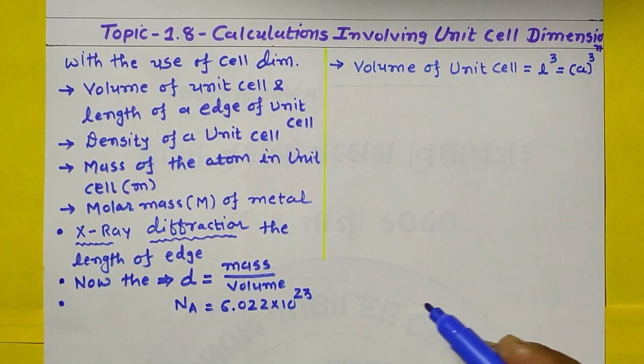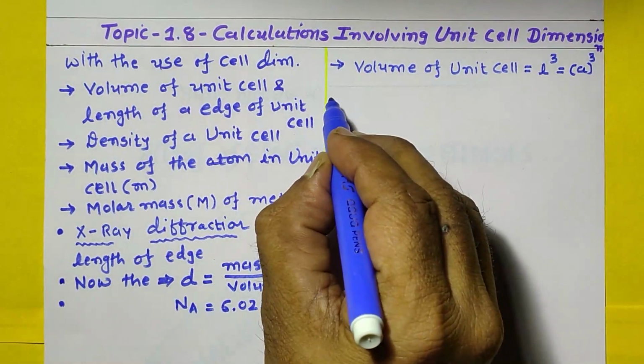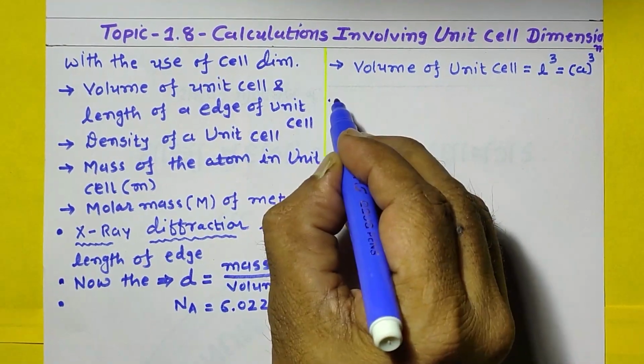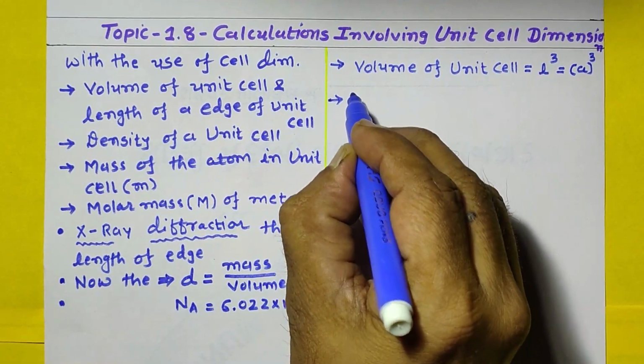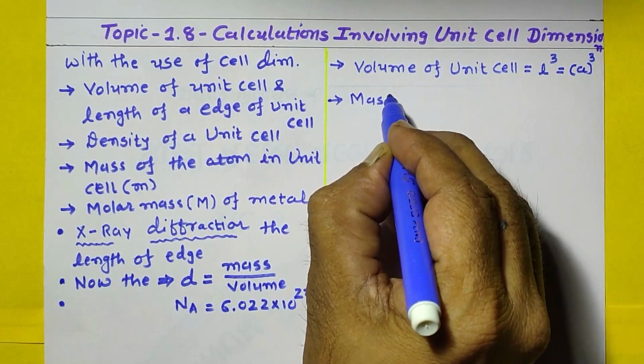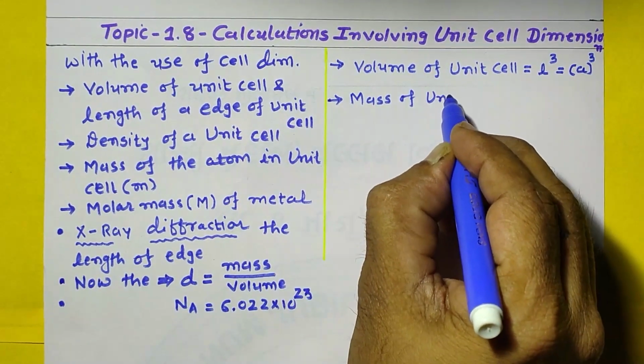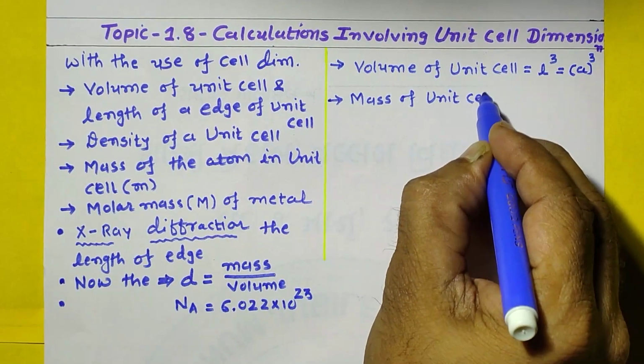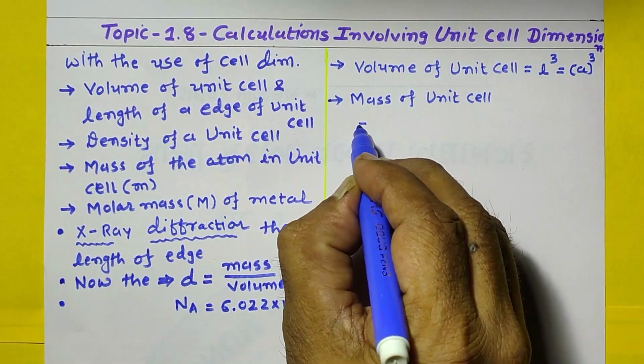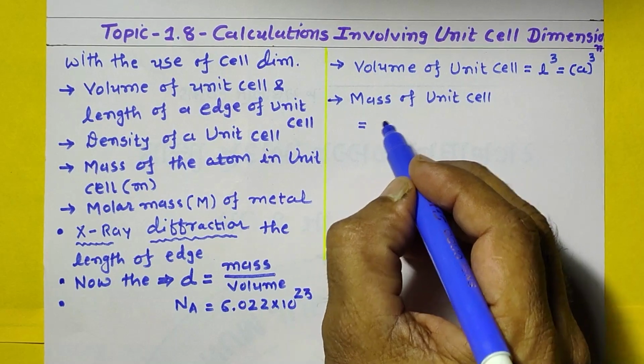Now we can say the mass of a unit cell, number two. This is a very important line to keep in mind.